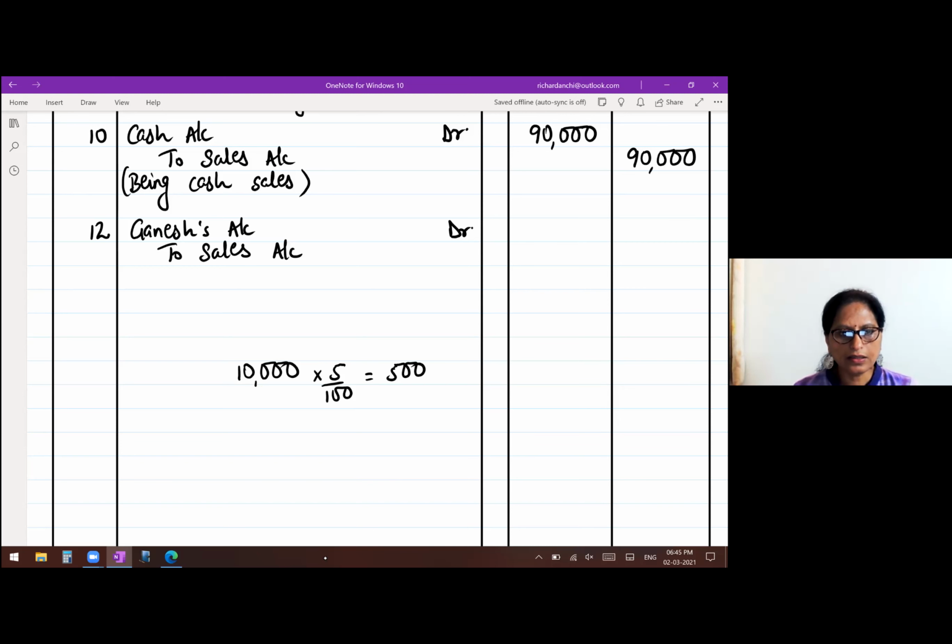So you will deduct this 500 trade discount and then write the amount. So it will be 9,500. Calculate and deduct the trade discount and then write. Narration: being goods sold on credit at 5% trade discount.